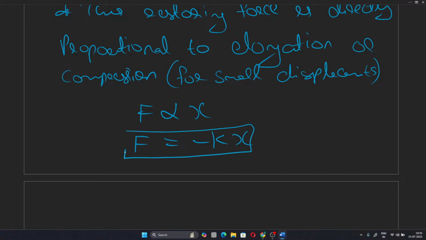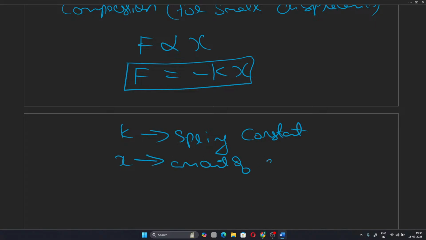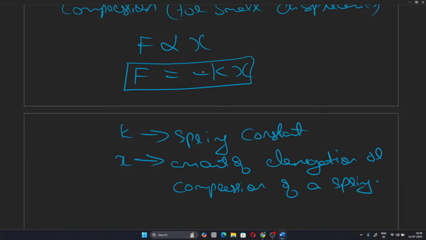This is the force formula due to a spring, the restoring force of a spring, where k is the spring constant and x is the amount of elongation or compression of the spring, and the minus indicates that it is an opposite force, acting opposingly to the external force, because when we extend a spring, the force will be trying to restore the spring inwards.